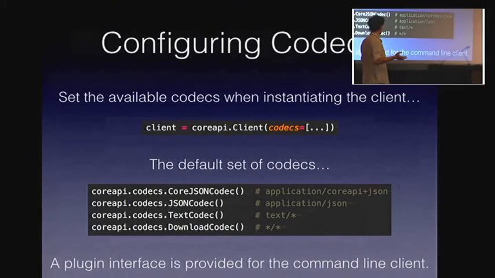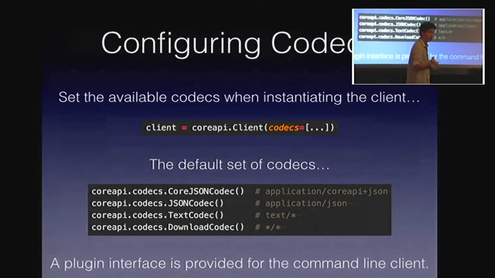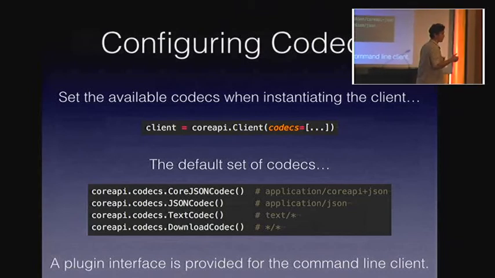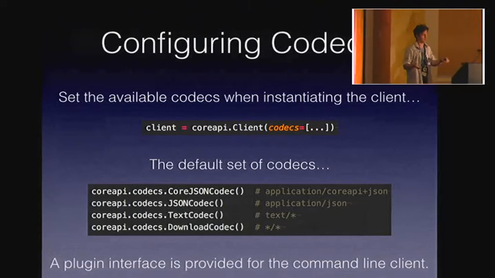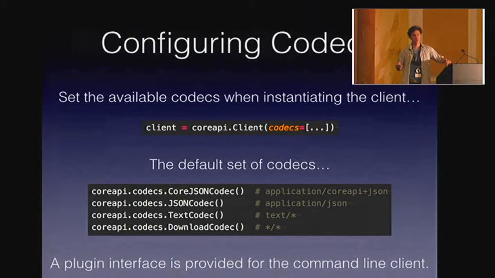One of the primary aspects of this is to set which codecs should be available to the client. So if you have an API that is returning an API blueprint schema, then you can install an API blueprint codec and include that in your list of different content types that you would like to be able to handle.